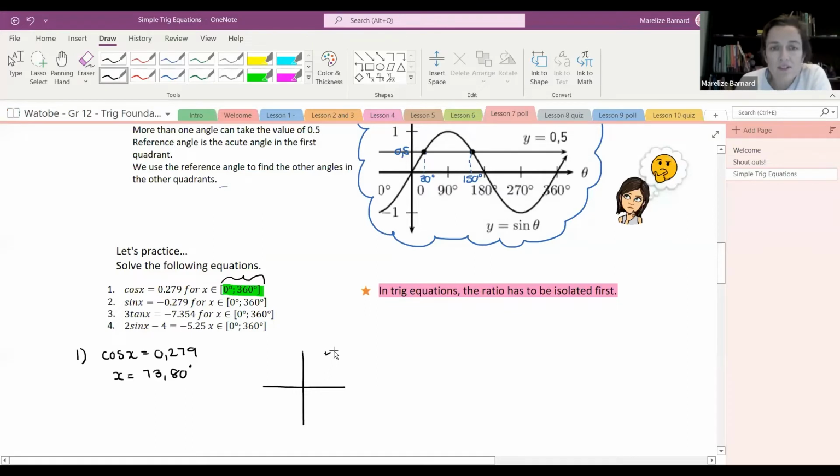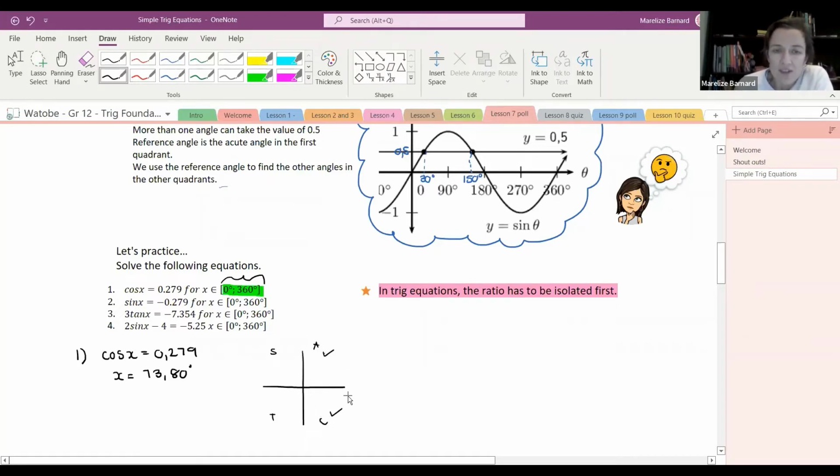And cos is positive in the first quadrant and in the fourth quadrant. Because of all stations to Cape Town, or whatever other way you've got to remember it. But that's from a few lessons back when we did this as well.